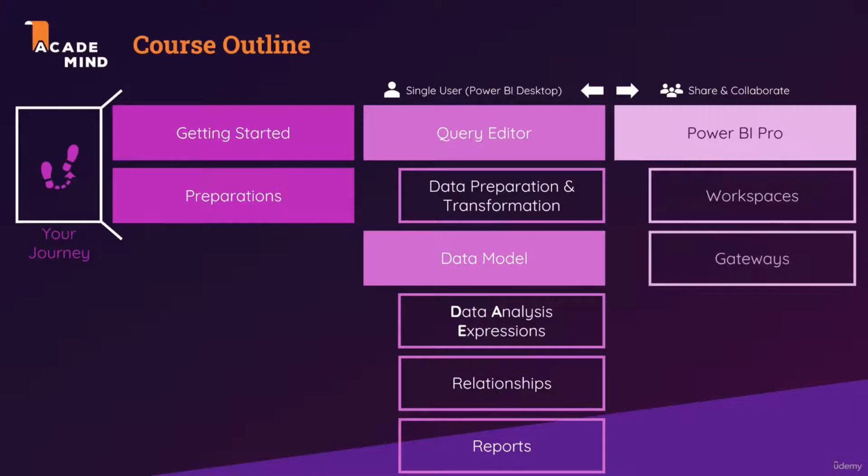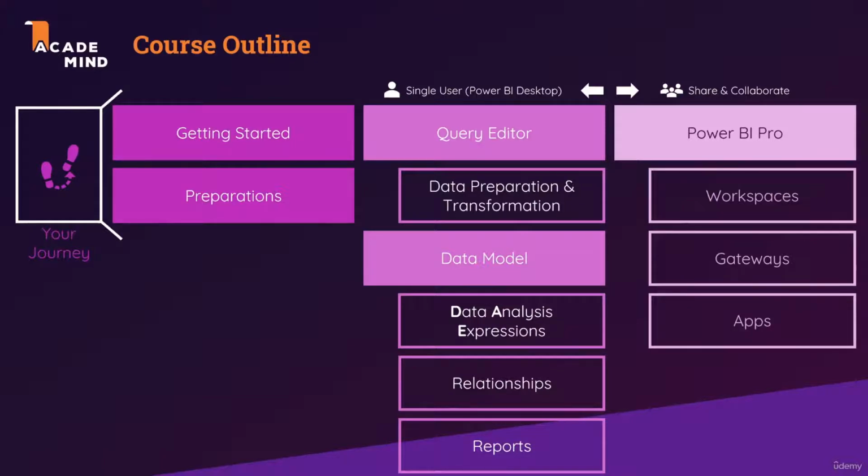We'll have a look at gateways, which allow us to manage the updating logic of our projects. Because if you have a project stored locally in Power BI Desktop and the underlying source data changes, then you might want to reflect these changes also in your project in Power BI Pro. And finally, we'll have a look at apps.